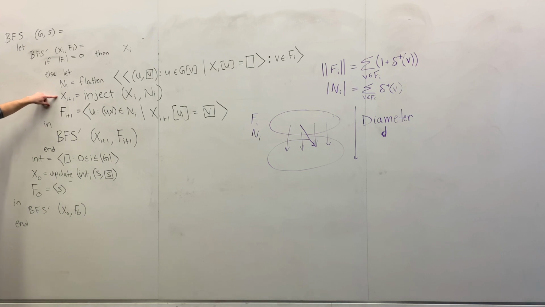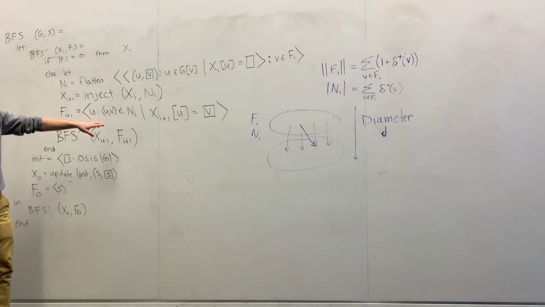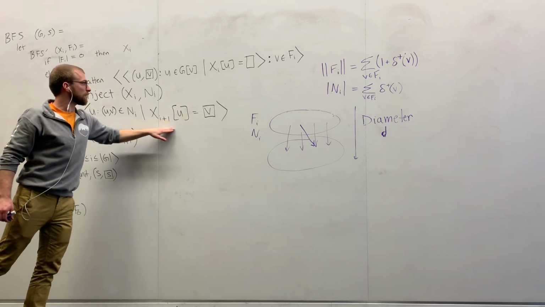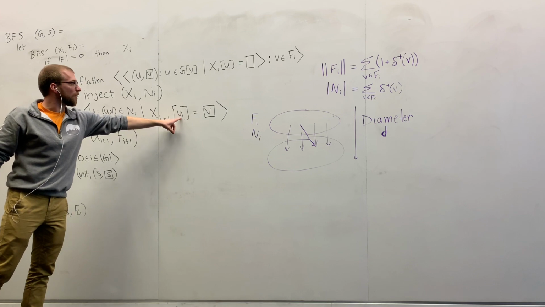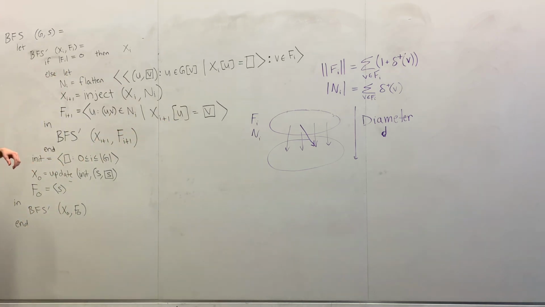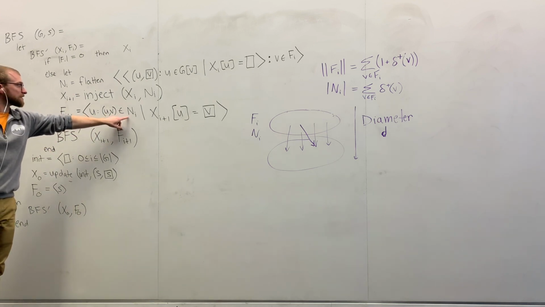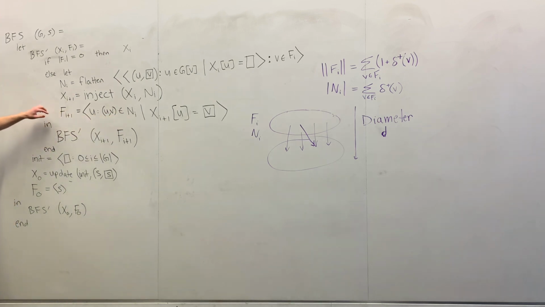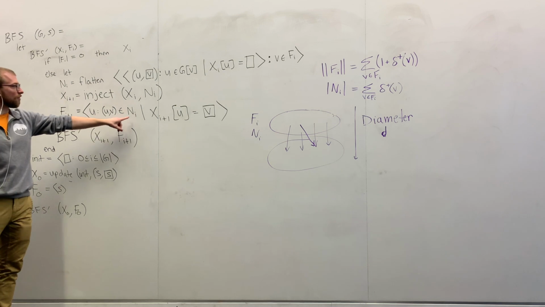Okay. And the last step here is to do this filtering. So this is also going to be linear in the size of Ni. Because all we're doing is a constant time check to look up whether or not a vertex has been visited in this round. And so this is going to be just a filter over Ni.